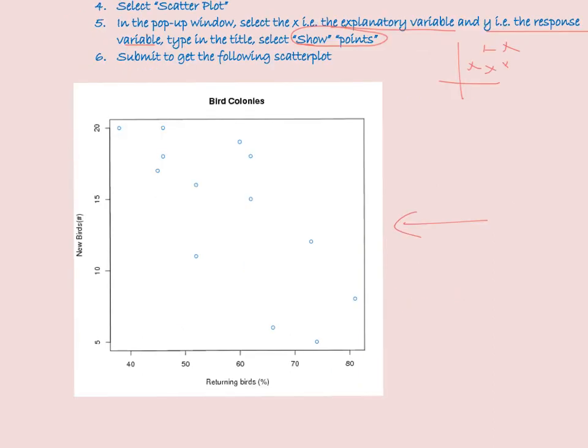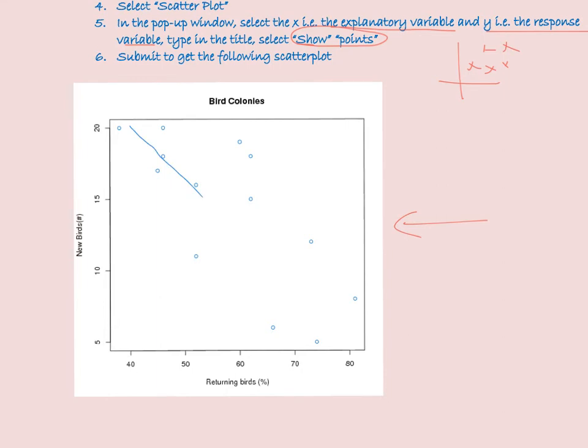Now let's look at this scatter plot and try to determine the nature of the relationship between the percent of returning birds and the number of new birds joining the colony. So if you look at the overall pattern, think of what the pattern looks like.